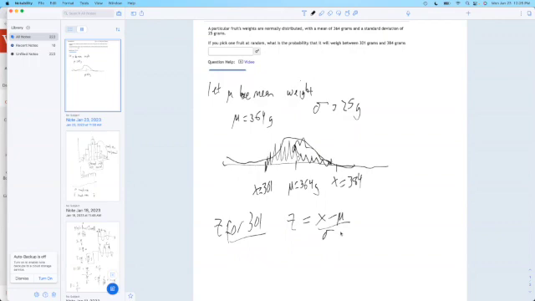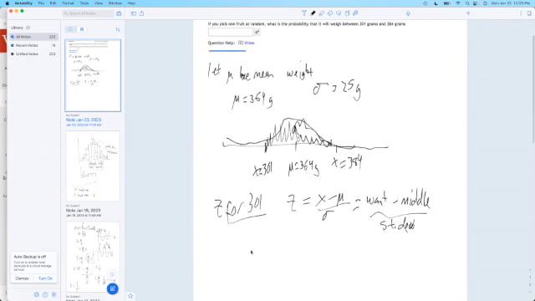I don't recommend just memorizing a formula. Understand what a z-score is. The z-score is how many standard deviations you are above or below the mean. So when I say z-score, I want you to think the one I want minus the one in the middle of that picture I just drew, divided by that standard deviation I probably just found.